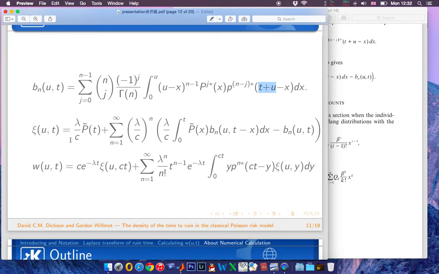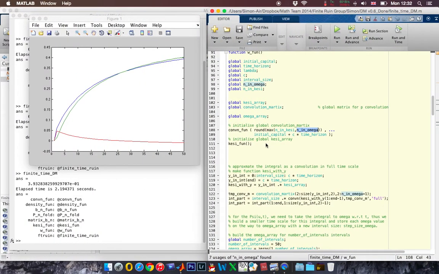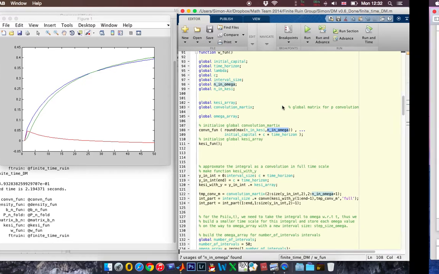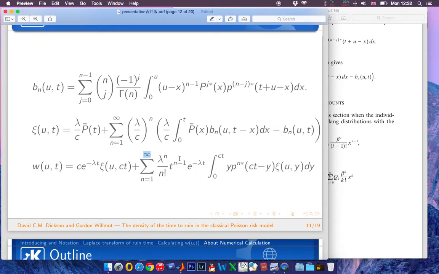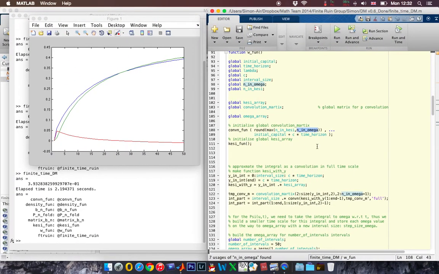Because we have n in c here and n in omega here. To make our program more flexible, I use two different variables for them so that you can approximate your algorithms to your wish. But I always generate the matrix with the larger one between these two, because whenever you want to drag the values out, you do not want to come across a situation where you cannot find the corresponding one due to the size of the matrix.